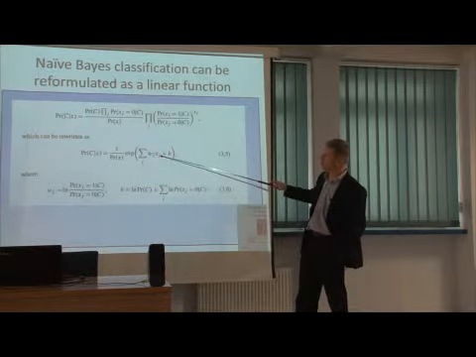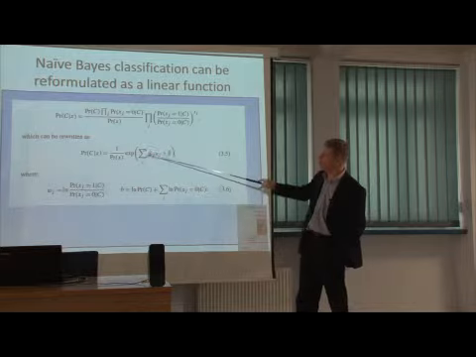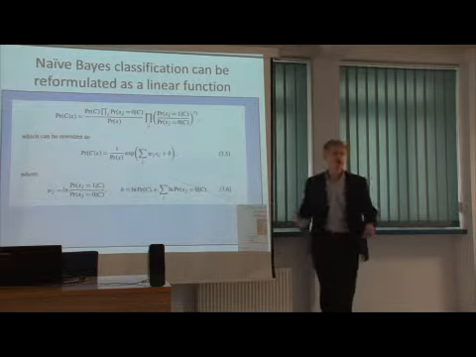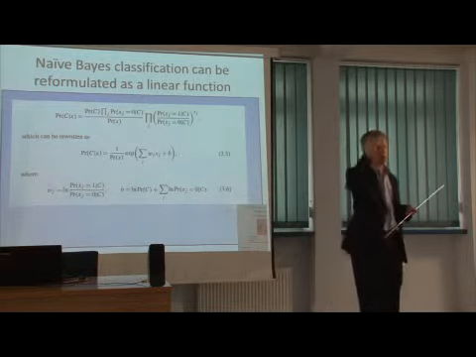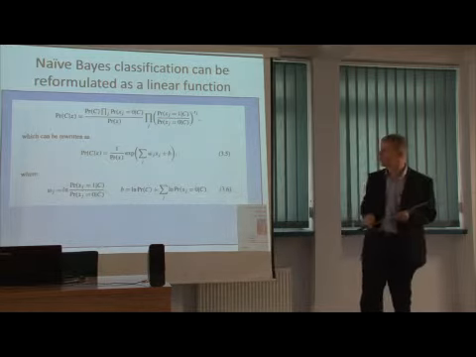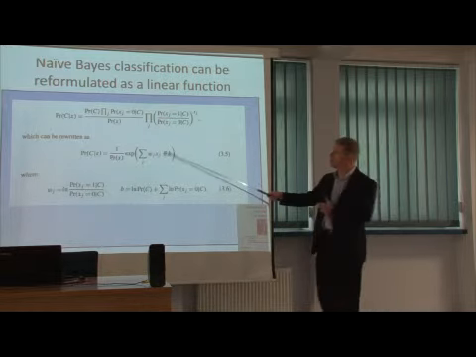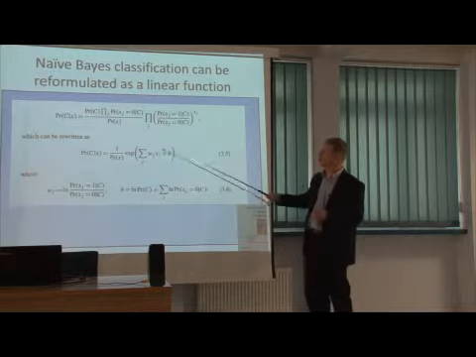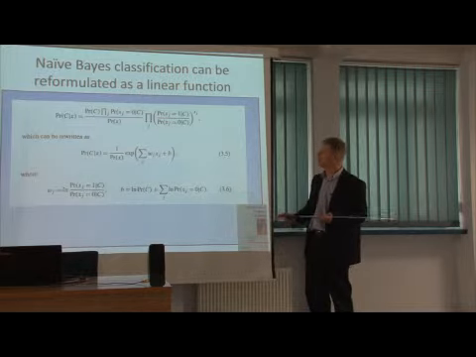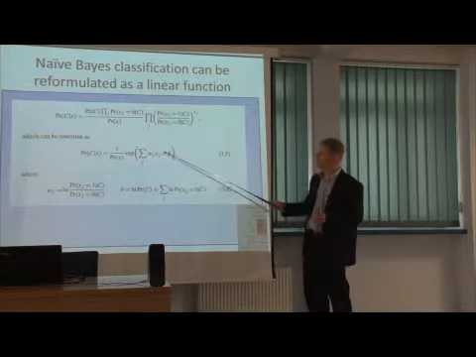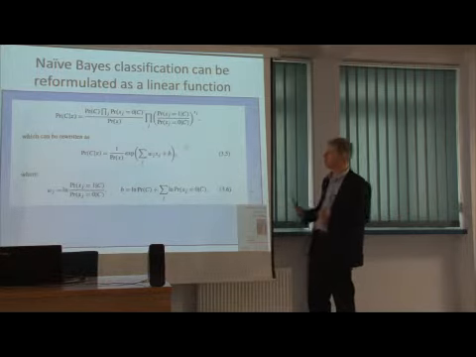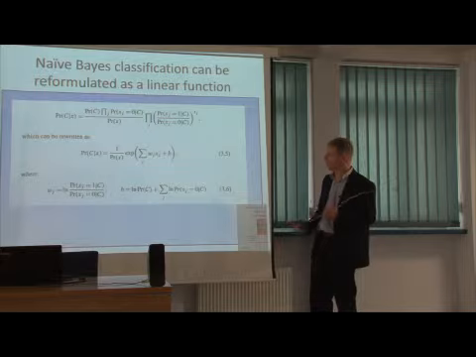X1 through xn are zeros or ones. So we are summing weights exactly the same way as we were summing weights when recognizing a person. This is the connection: the linear recognizer that we use in named entity recognition has a close connection to the naive Bayes algorithm.